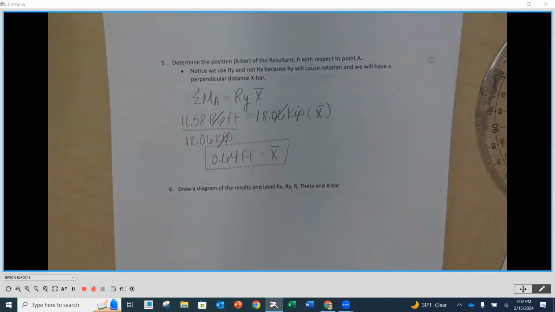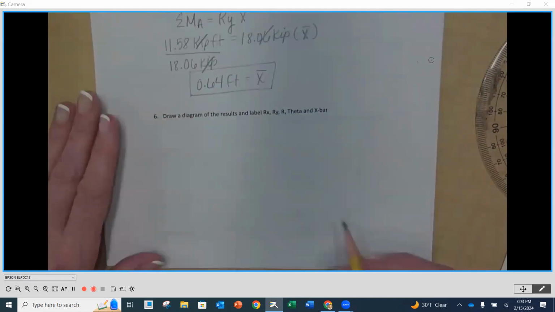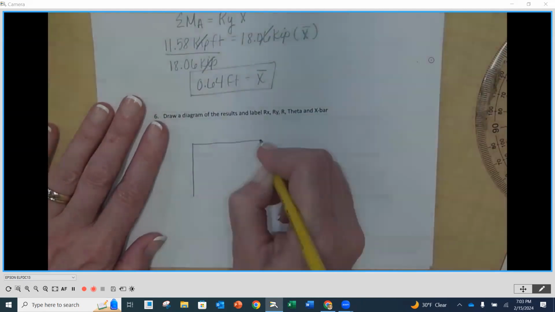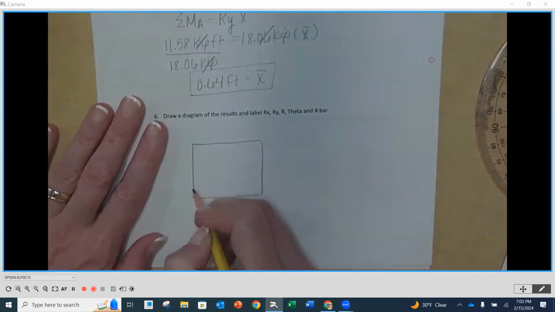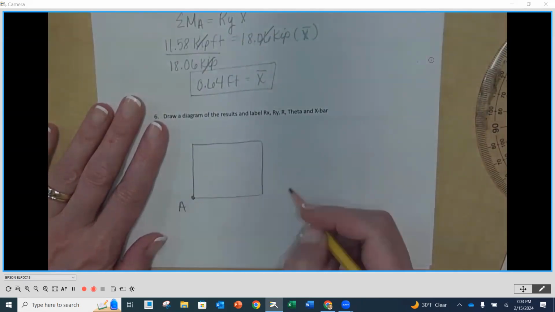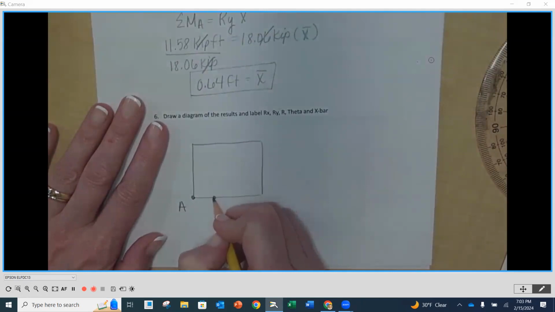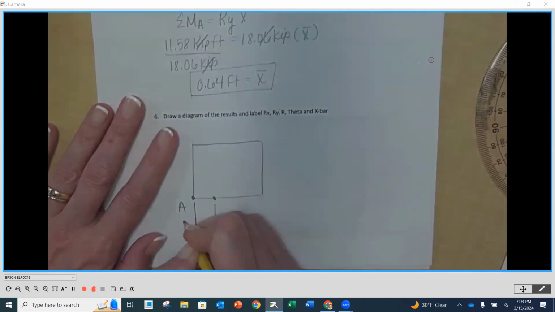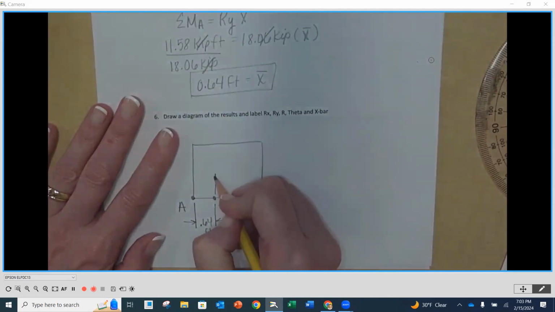Now we're going to just draw a quick diagram, okay? So our diagram is going to be our rectangle. Here's point A, and our X bar is going to be the distance that we just solved for. 0.64 feet is our X bar. And then we would show our Y component.